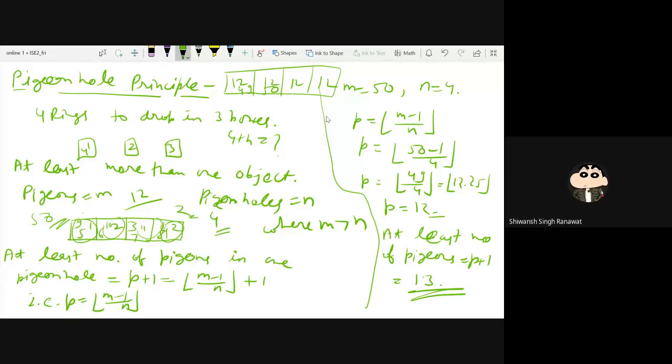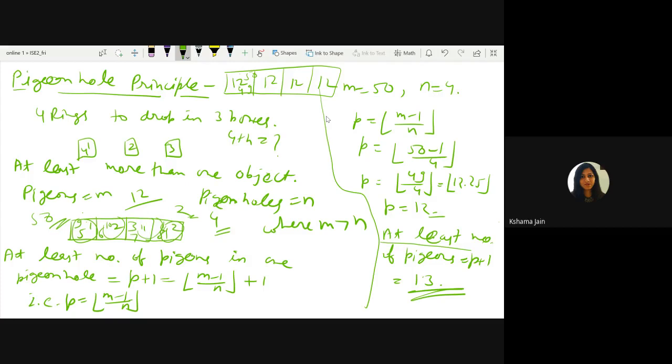Ma'am, can't any of the pigeonholes have 14, if both the remaining pigeons go in one hole only? Yes, it can be. We could put the 50th pigeon here only, but we are using the words "at least." Otherwise many possibilities exist, like combinations with repetition.